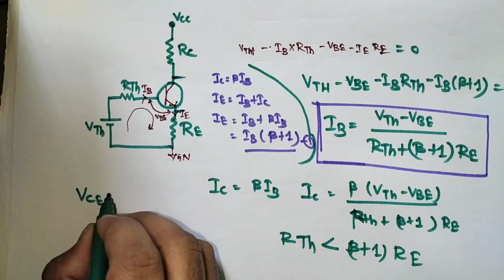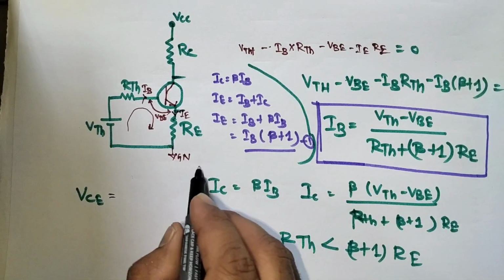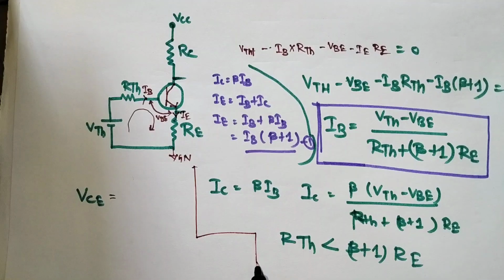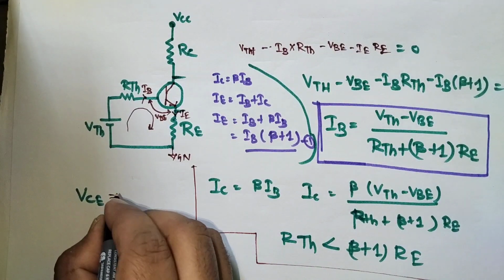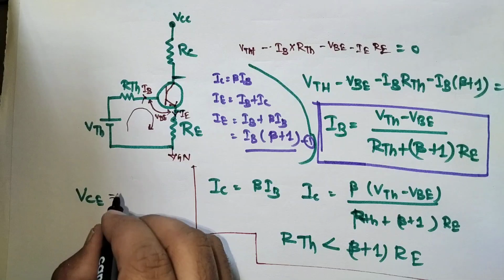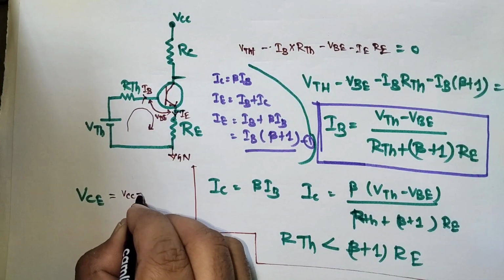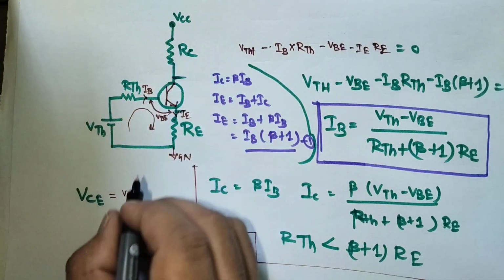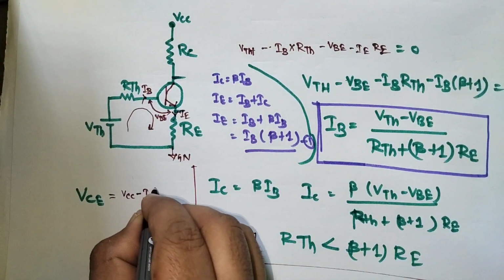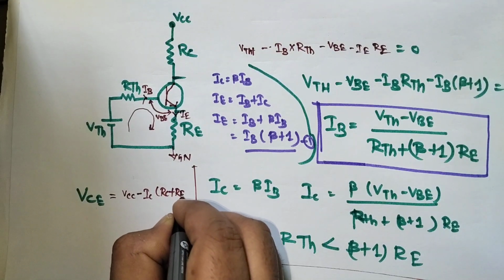VCE equal to VCC minus IC into RC plus RE, because IB is too small.